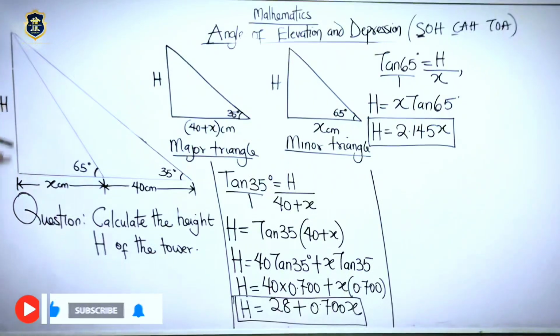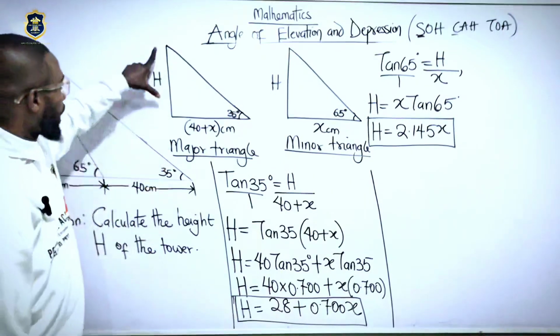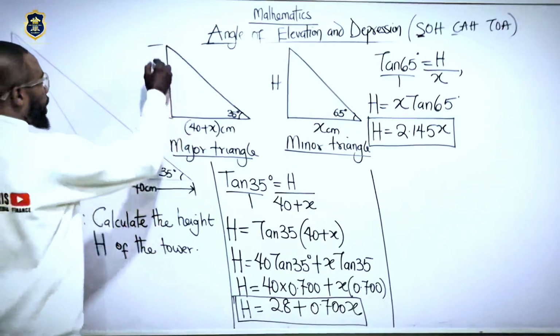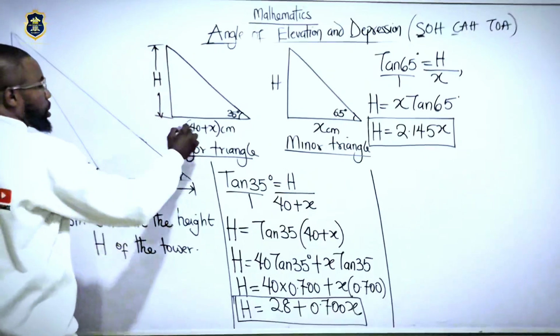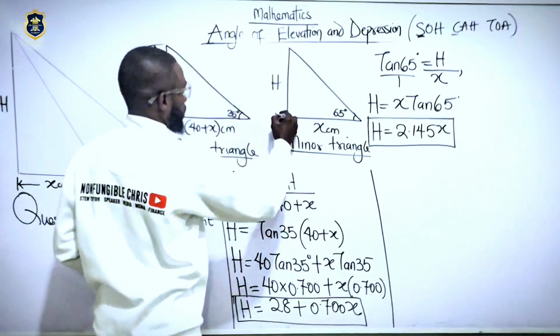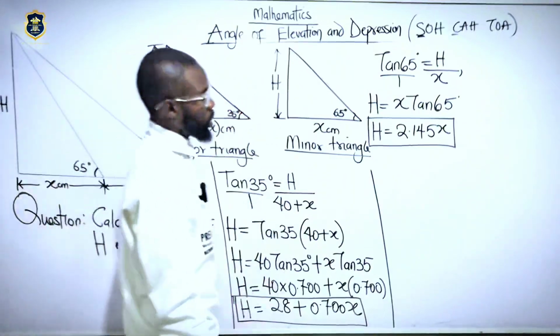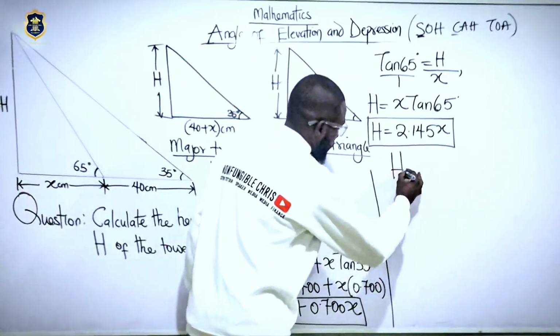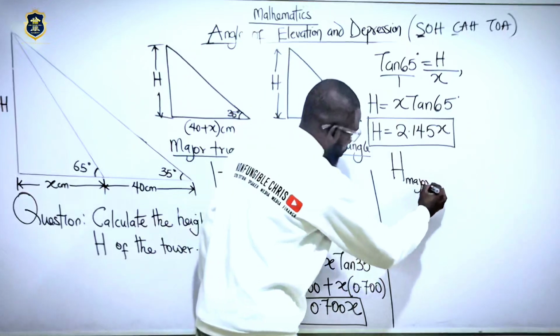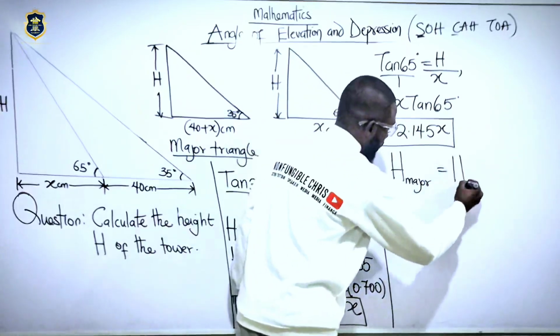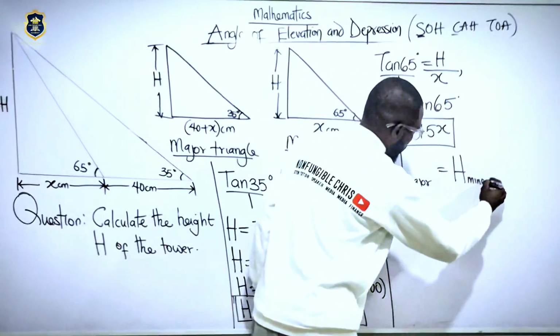So we are safe to say this major height is equal to the minor height, the same thing. We're relating them. So the height for the major is equal to the height for the minor.